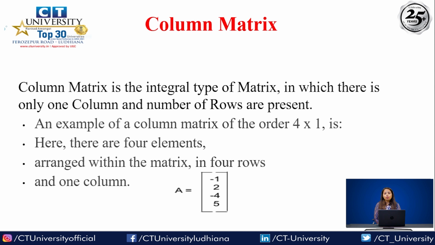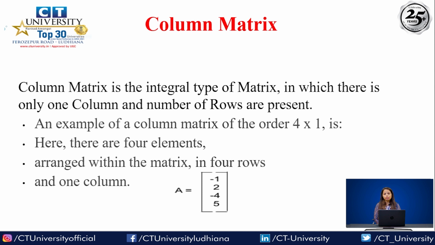So, for example, you have this example of a column matrix, 4 cross 1, in which your matrix A is equal to -1, 2, -4 and 5. In this there is only one column, and how many rows are there? There are 4 rows.